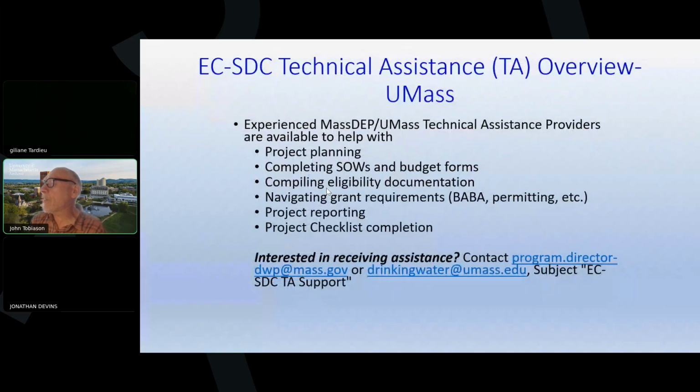So a couple of quick things on our program. UMass has been partnering with MassDEP for over 10 years on a variety of programs helping them implement. In this particular case, we help hire some technical assistance providers who work part-time to help small systems with the various aspects of getting a grant, getting it implemented, getting off the ground, and getting going. So we have assistance providers working in that area. That's one of the things we do.